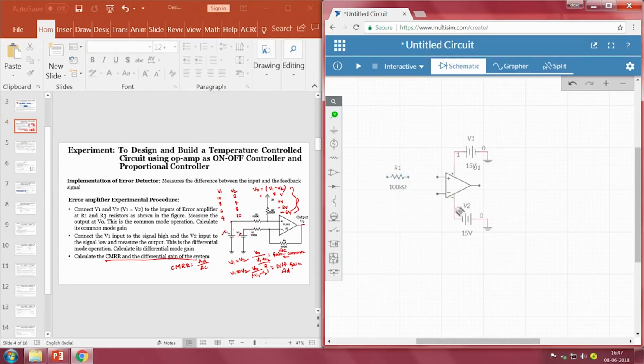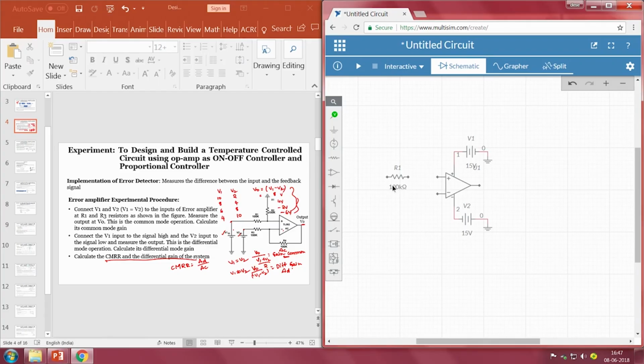In fact, you can take any resistance value, but whatever we use should be the same. But the higher the resistances, the more the input impedance of the system, and the more noise in the system.